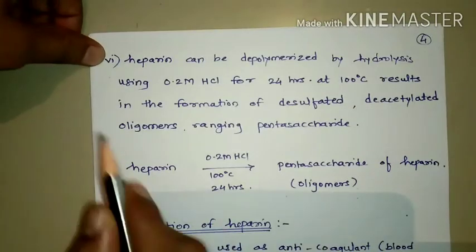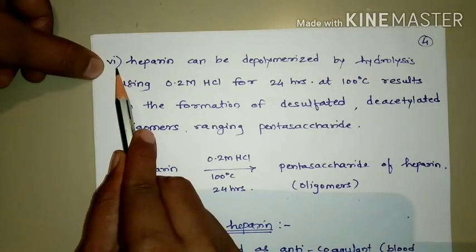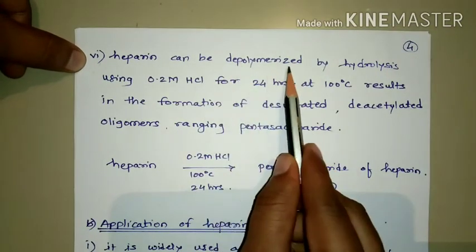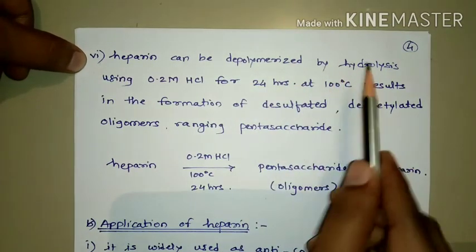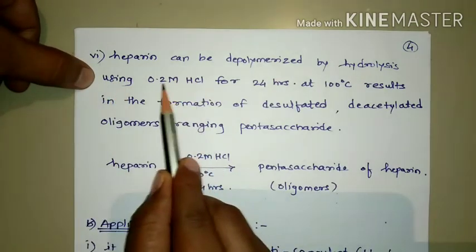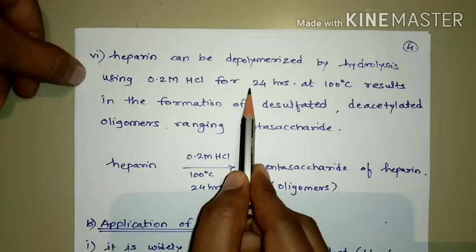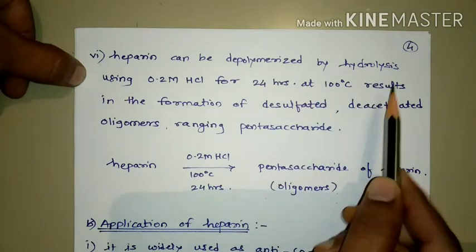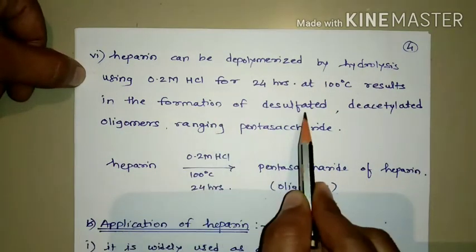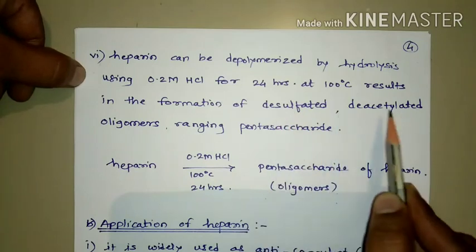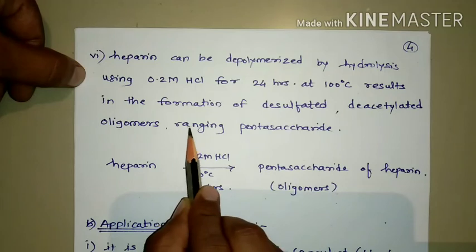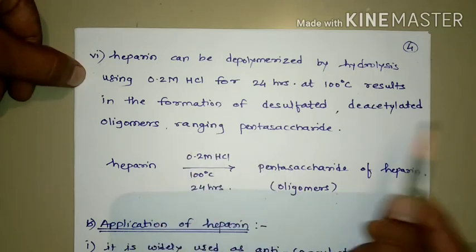Then 6.1, heparin can be depolymerized by hydrolysis using 0.2 molar HCl for 24 hours at 100 degrees Celsius, resulting in the formation of desulfated deacylated oligomers ranging up to pentasaccharide.